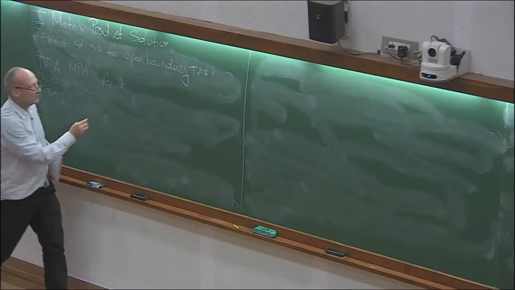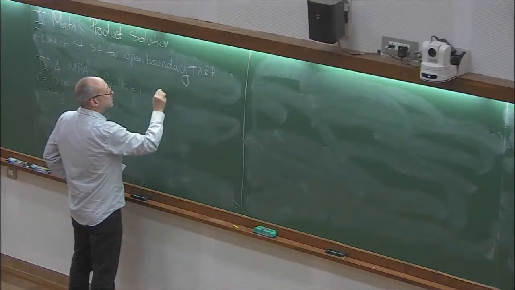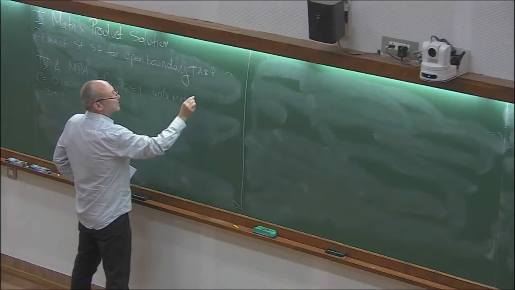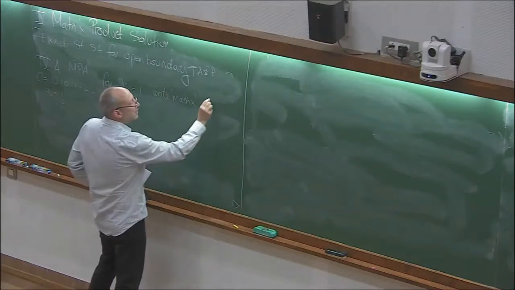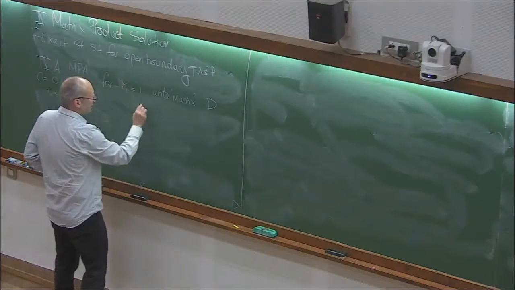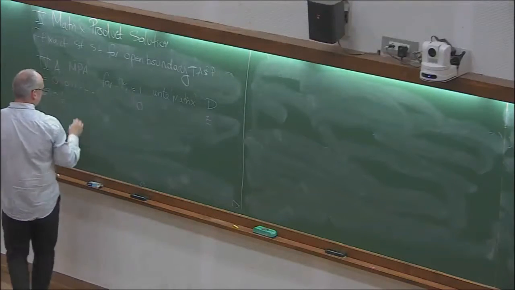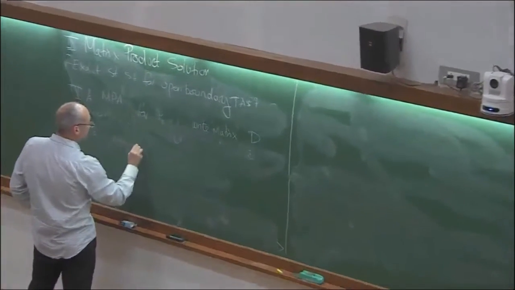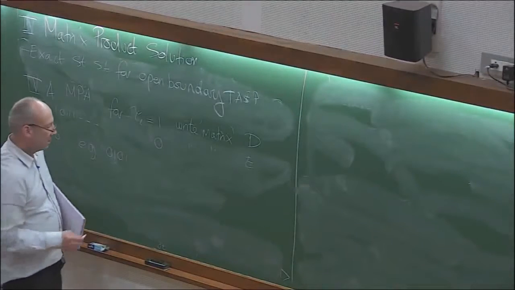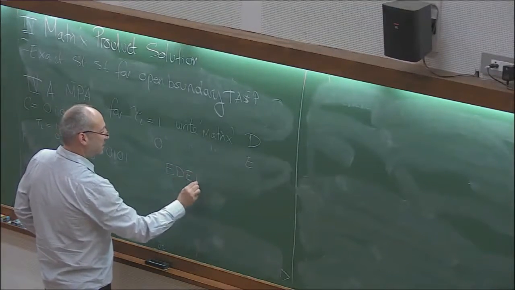Wherever tau_i is 1, I write a matrix, and it turns out it will be D. That's just the conventional notation. And if tau_i equals 0, I write a matrix E. So, for example, if I have some configuration like 0, 1, 0, 1, then I write E, D, E, D.